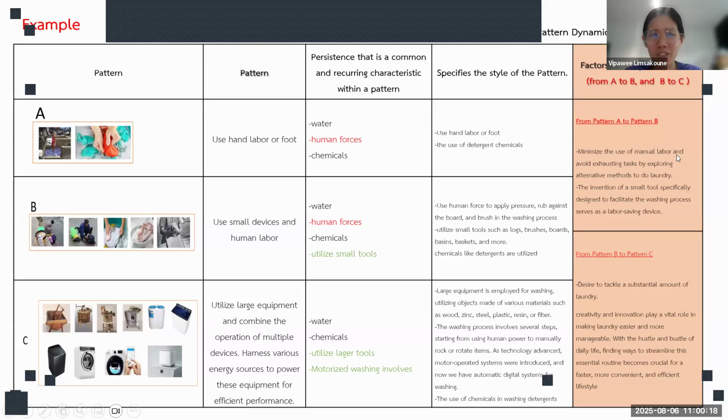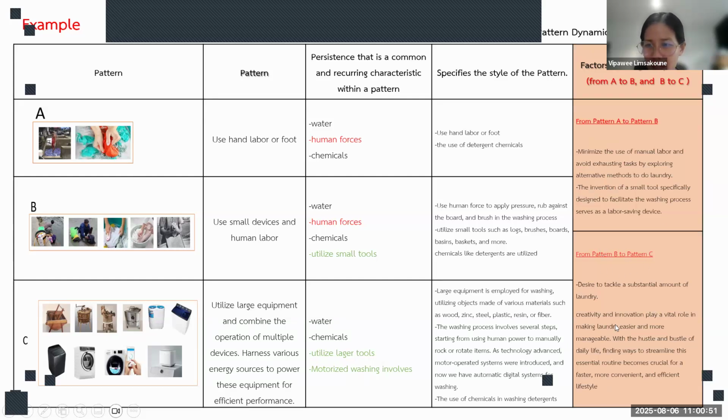If we have a lot of clothes, right? We don't want to spend a lot of time on the laundry or washing. So it's one of the reasons we developed additional tools to support us in cleaning and washing. And there was the invention of small tools to help us in the washing process. Okay, so that's the factor creating the new pattern.